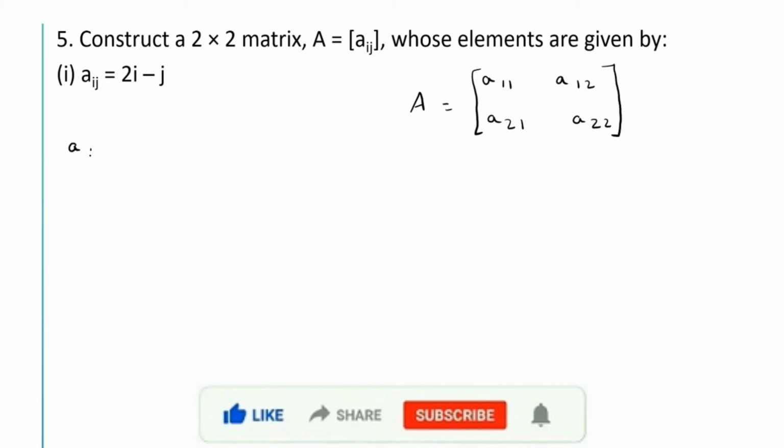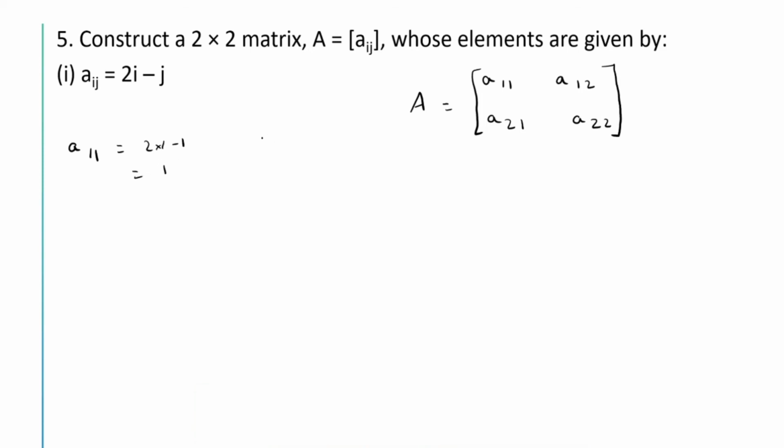So A11 will be 2 into 1 minus 1 is equal to 1. Then A12 will be, that is the element in the first row second column. A12 will be, you have to substitute i as 1 and j as 2. So 2 into 1 minus 2, it is 0. Then the element in the second row first column will be A21. Here i is 2 and j is 1.